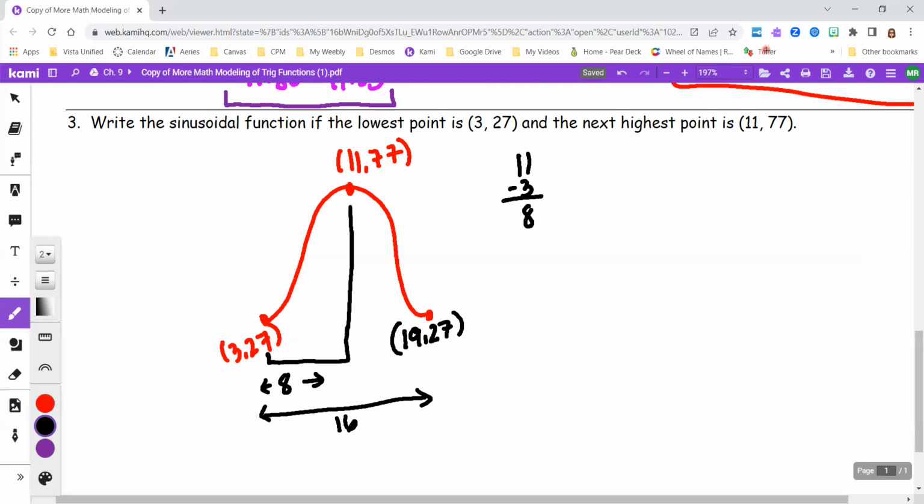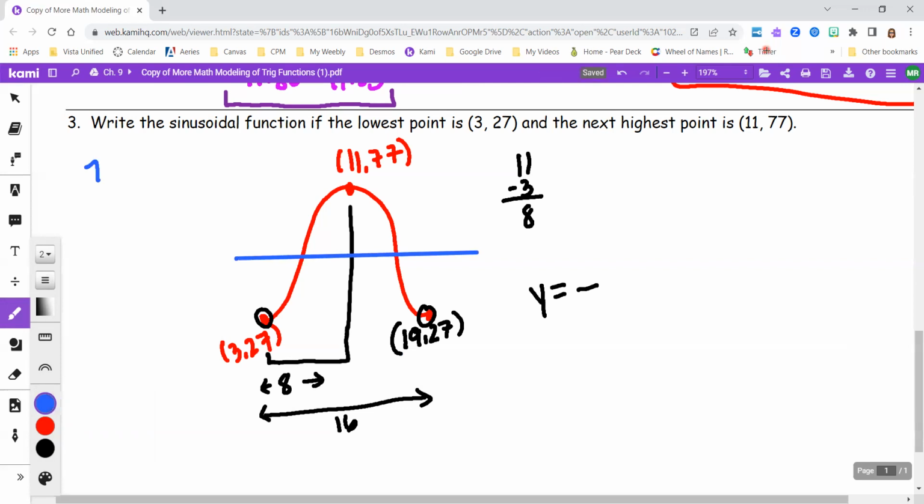Okay, so now I'm going to write an equation for this. I'm going to have y is equal to, I'm going to do a negative cosine because I'm going to go from low to low. So negative. And then what I need to pay attention to is where is my center? Okay, vertical height.